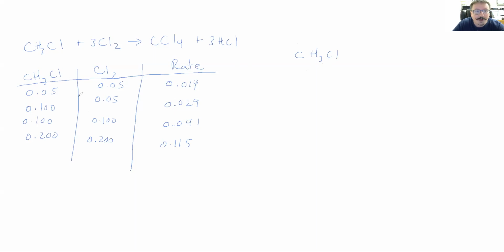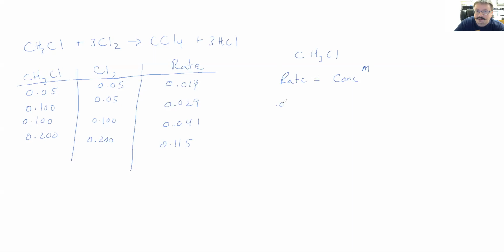We could probably take vessels 1 and 2. You can see that we're doubling the concentration of the CH3Cl, but holding the concentration of the Cl2 constant. And what this is going to look like then is the rate is going to be equal to that change in concentration raised to whatever, we'll say M, whatever the order of that reaction is.